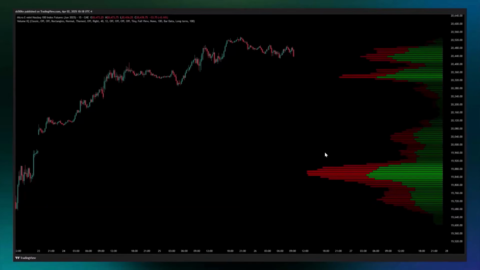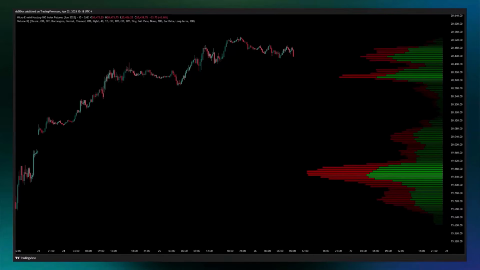One thing we made an observation about when we were creating Volume IQ and thinking about ways to trade a volume profile is that not only is a volume profile a depiction of the amount of trading activity in an area, but a lot of the time it's also a depiction of how much time the market tends to spend in that area.